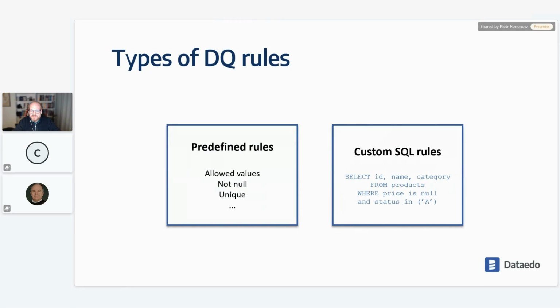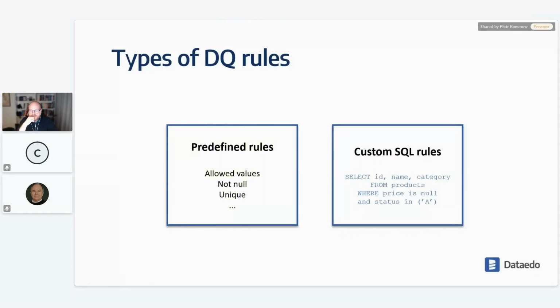And then there are custom SQL rules. These are the ones that you write yourself for a particular test. So they test a very particular set of data. They cannot be applied to multiple fields and tables. They are created for a particular use case, and they can be quite complex.